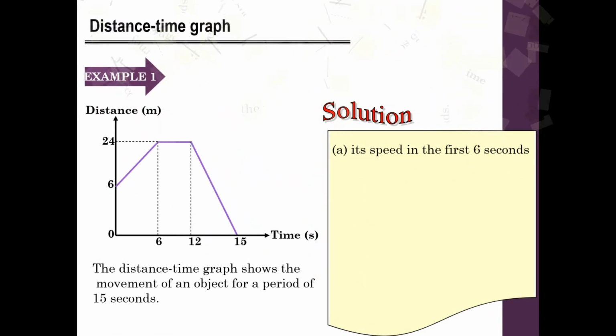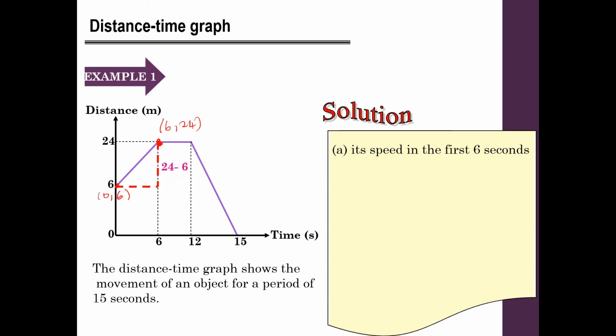So, speed in the first 6 seconds. How are we going to find the speed? To find the speed, we have to look at the gradient. Then we have to indicate 2 points that we are going to use to find the gradient. Here, we will use a point with coordinate 6, 24, and then a coordinate here, which is 0, 6.